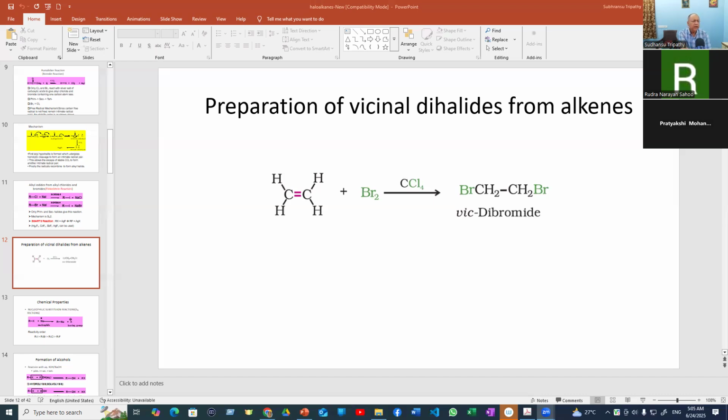The point is the heating of quaternary ammonium hydroxide obtained from a 3-degree amine. If you have a 1-degree amine, then you have to convert it into 2-degree, then 3-degree, then 4-degree ammonium salt, then make its hydroxide, then heat it.